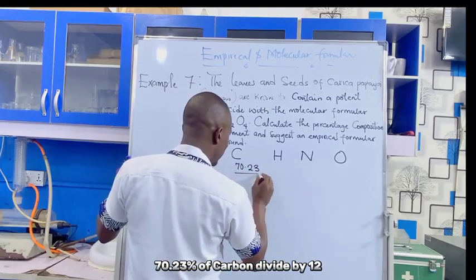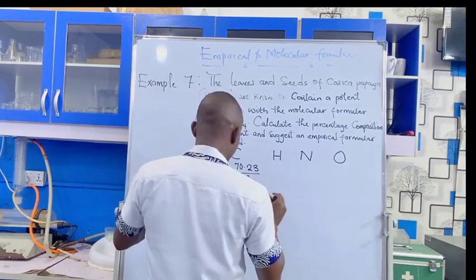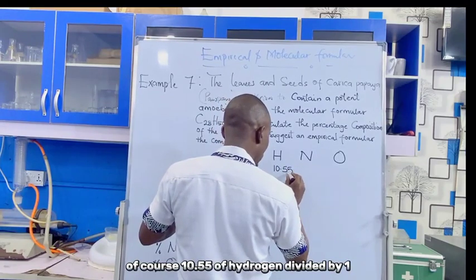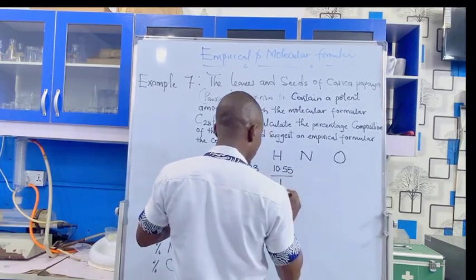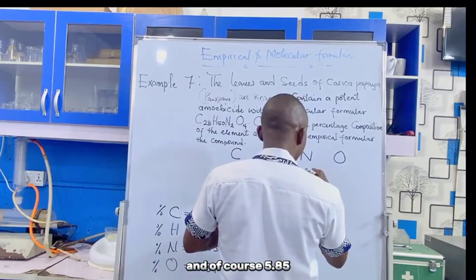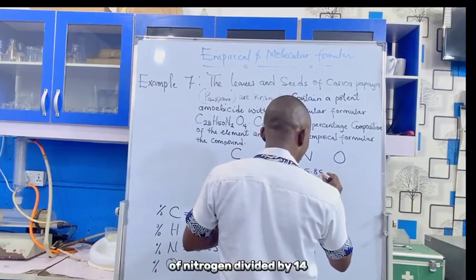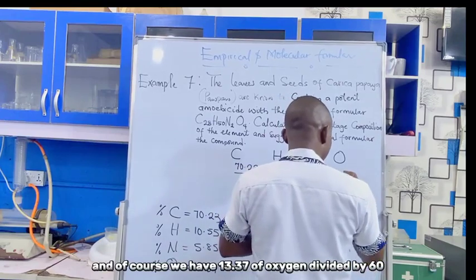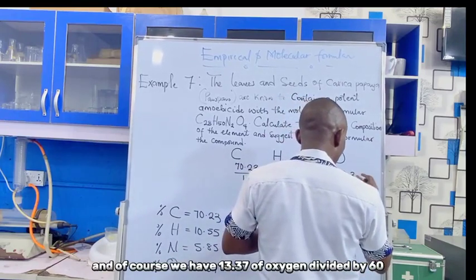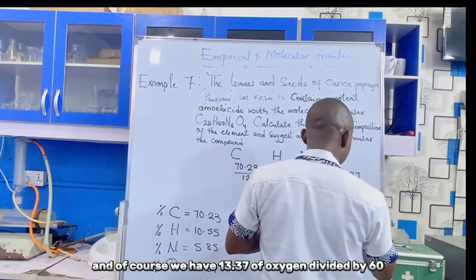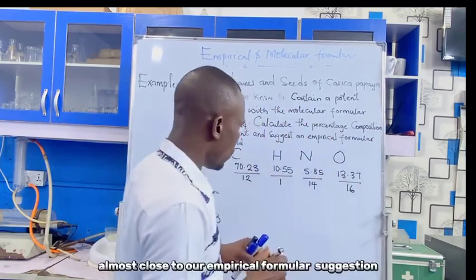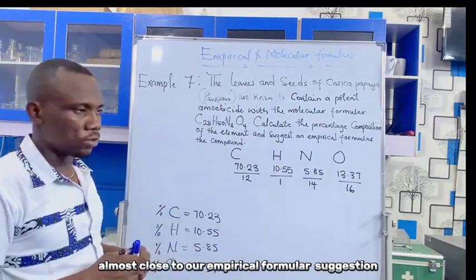So we have 70.23% of carbon divided by 12. Of course, 10.55 of hydrogen divided by 1. And of course, 5.85 of nitrogen divided by 14. And of course, we have 13.37 of oxygen divided by 16. In this way, we are going to be arriving close to our empirical formula suggestion.